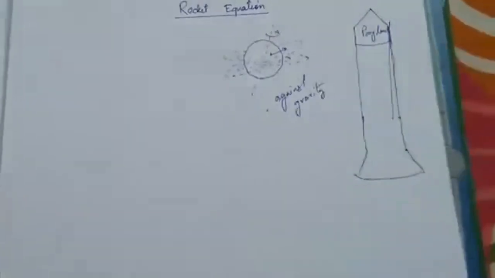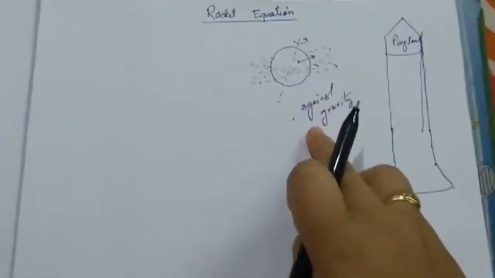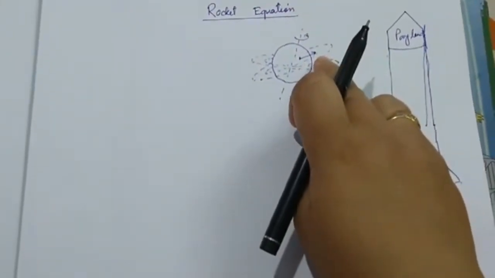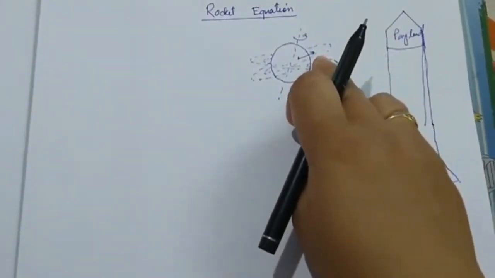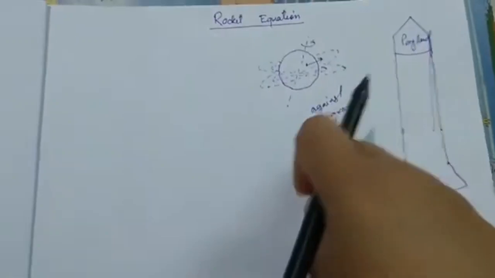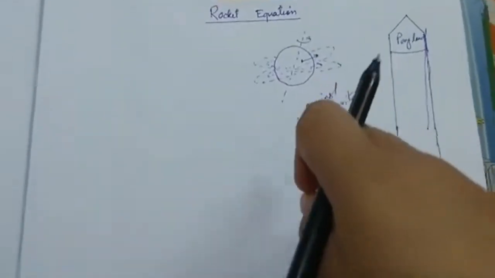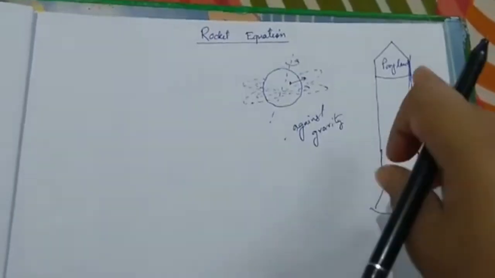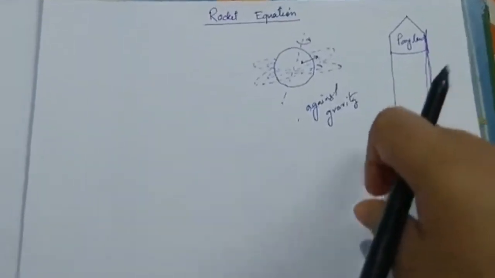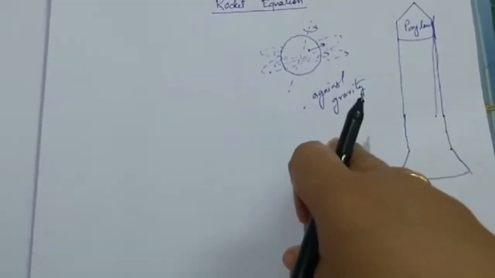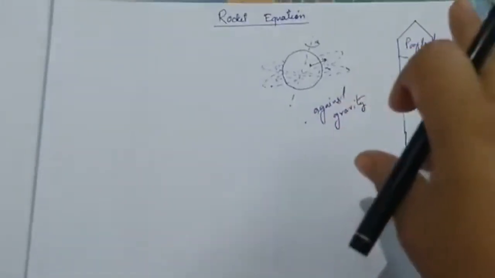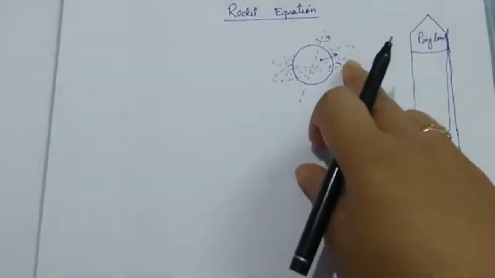Earth has a strong gravitational pull. So the rocket is moving towards its designated orbit against the gravitational pull of Earth. So it is not easy for the rocket. It will have to do some work against this gravity. That means it will have to use some kind of energy to reach that orbit.